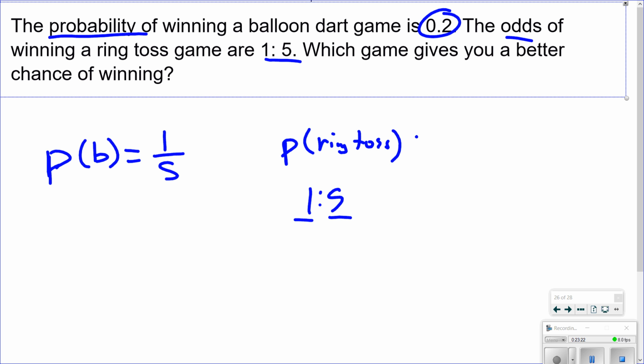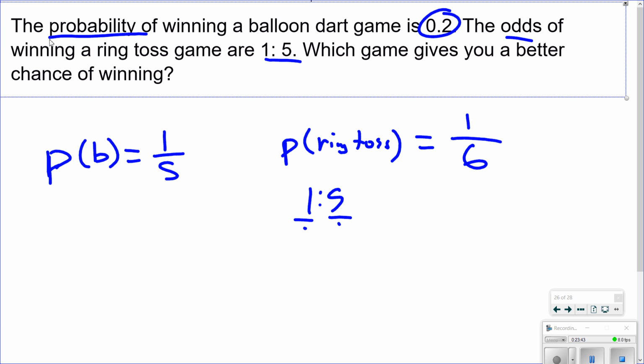So altogether, if I add those, the favorable 1 and the unfavorable 5, would be a total of 6 total outcomes. So the probability is 1 in 6. The odds is 1 to 5, favorable to unfavorable, but the probability is 1 to 6. That's favorable outcomes to the total.